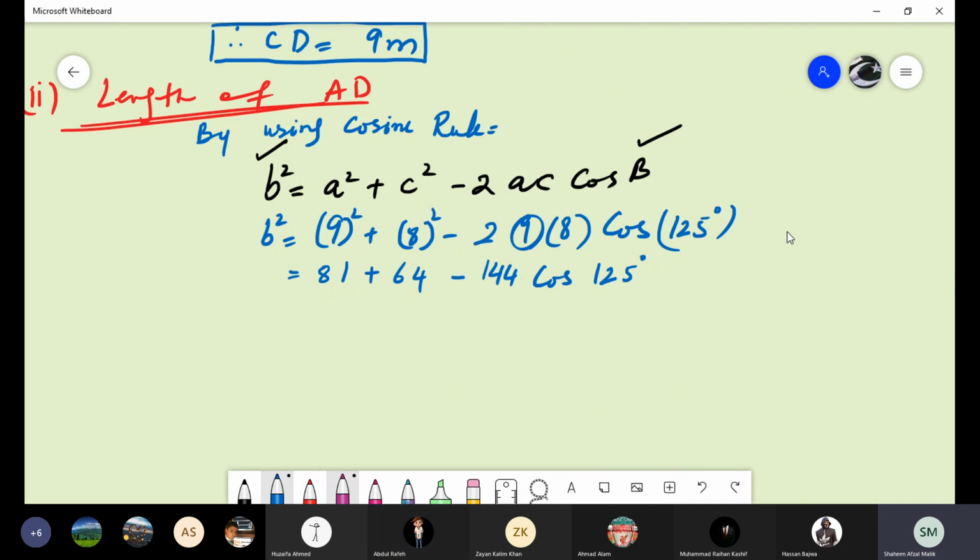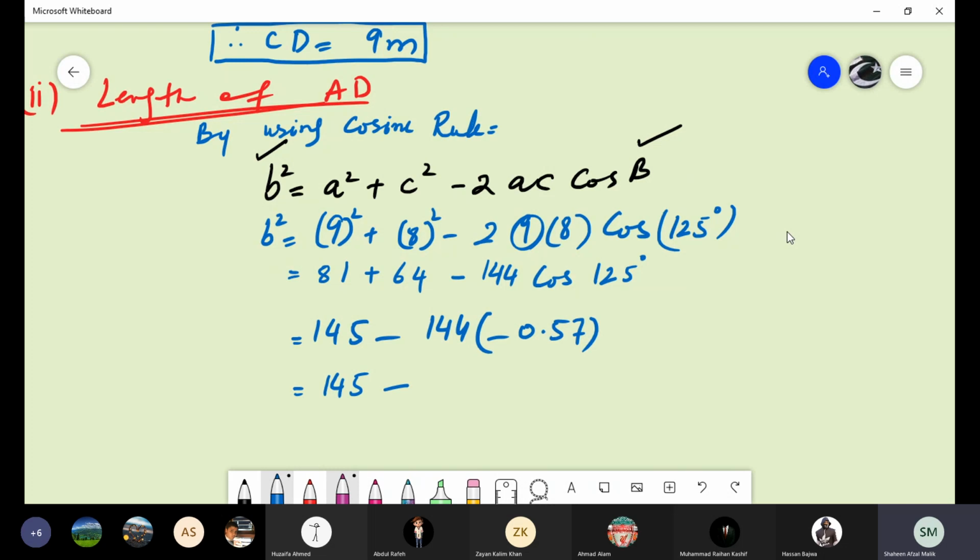We can multiply them together. 81 plus 64 is 145. 145 minus 144 times cos 125, which is minus 0.57. Multiply with 144: 144 multiplied by 0.57 is 82.08.